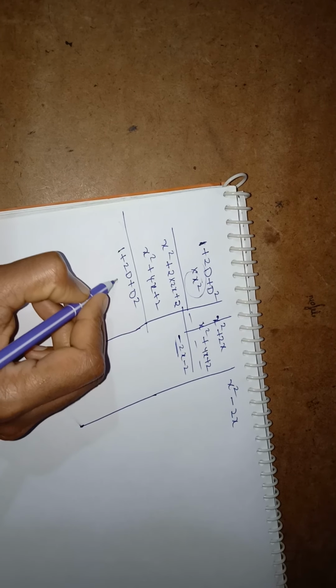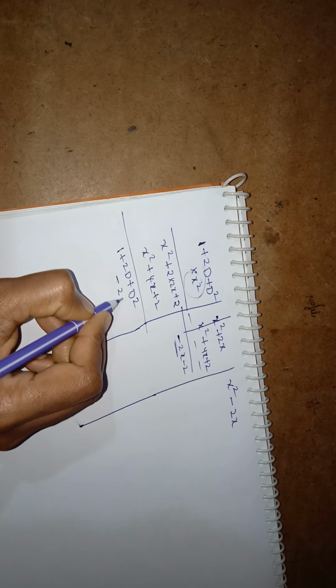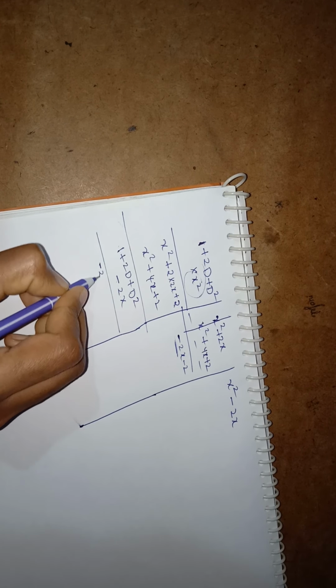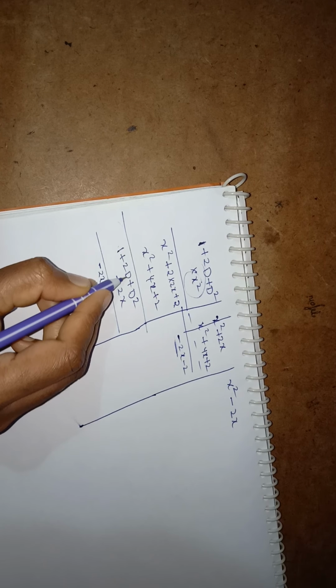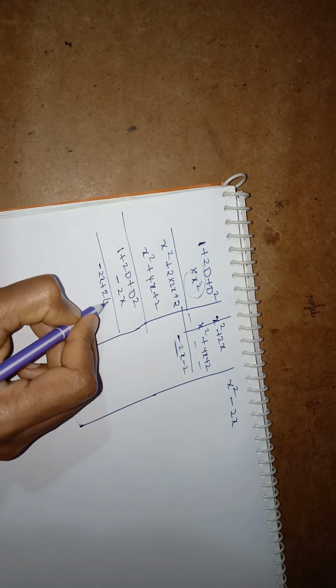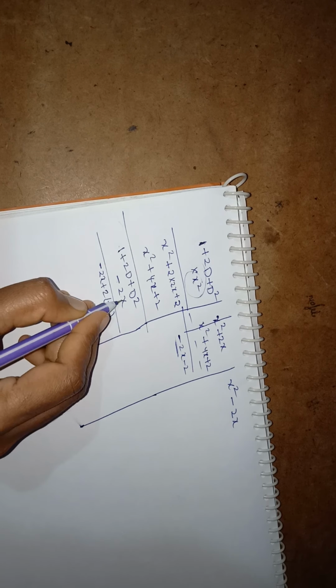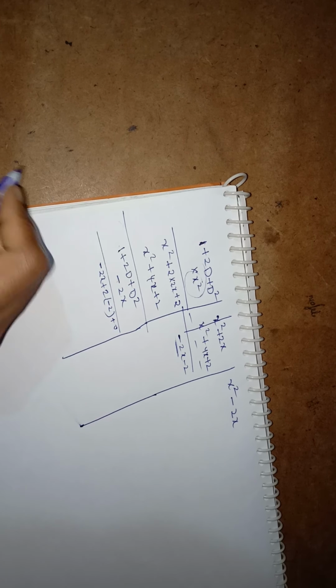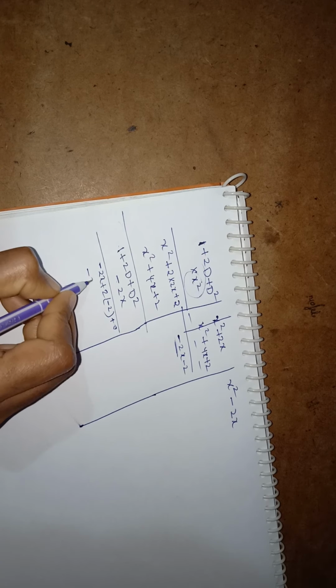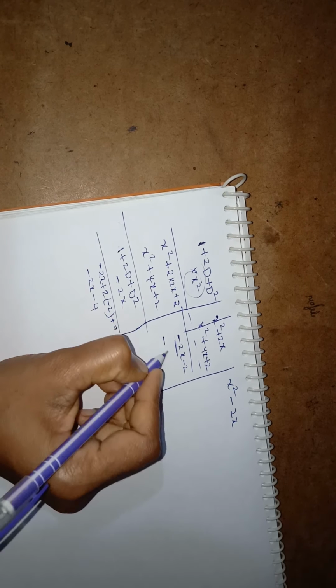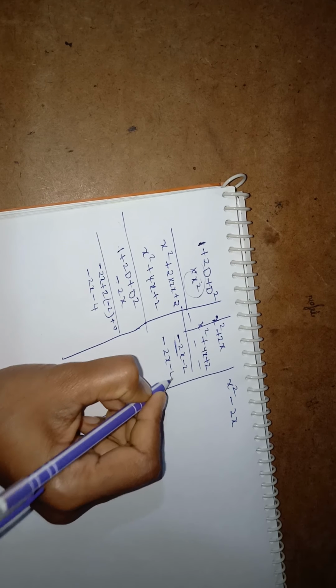Now multiply with minus 2x. 1 into minus 2x is minus 2x, plus 2 into differentiation of minus 2x is minus 2, and twice differentiation of minus 2x will be 0. Now we have minus 2x minus 4 right here, minus 2x minus 4.